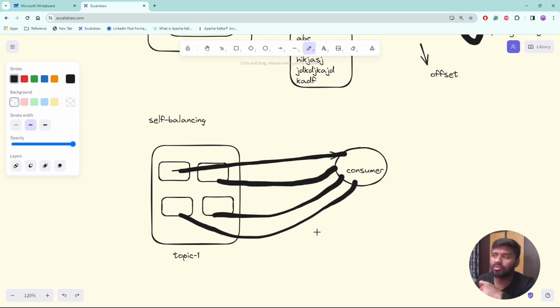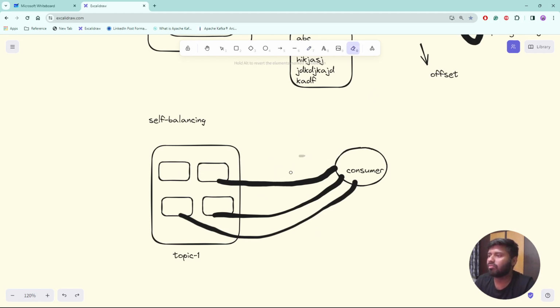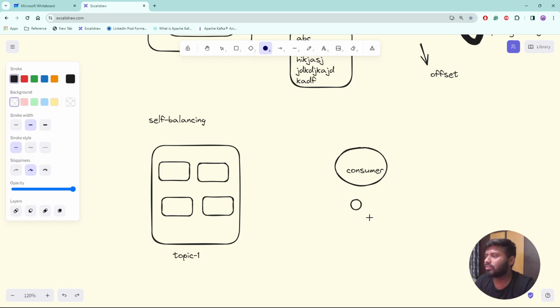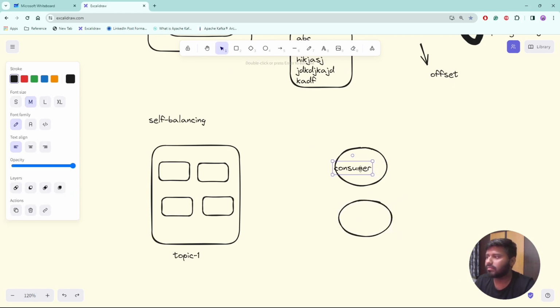Okay, we have understood this factor. Let's remove these lines and make it a bit more tricky. Let's say I have one more consumer over here. It's realistic, because in a distributed system I cannot expect to have only one consumer. I can have multiple consumers.